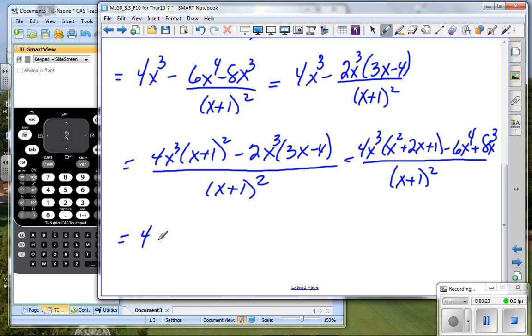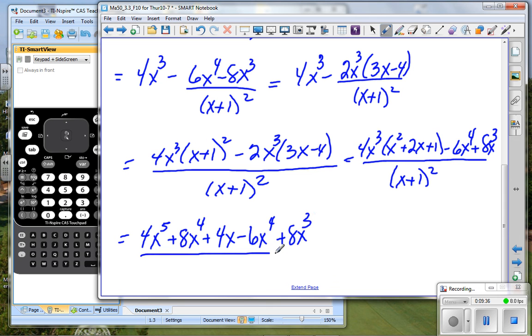Let's see, this is going to be 4x to the 5th plus 8x to the 4th plus 4x minus 6x to the 4th plus 8x cubed, all of it divided by x plus 1 quantity squared.